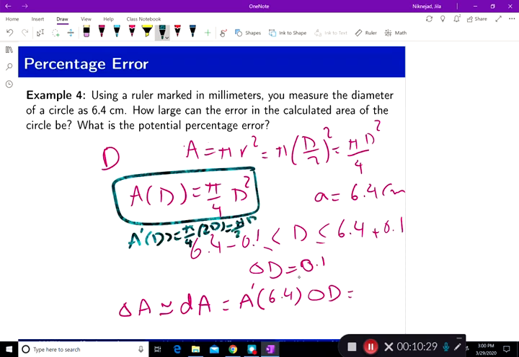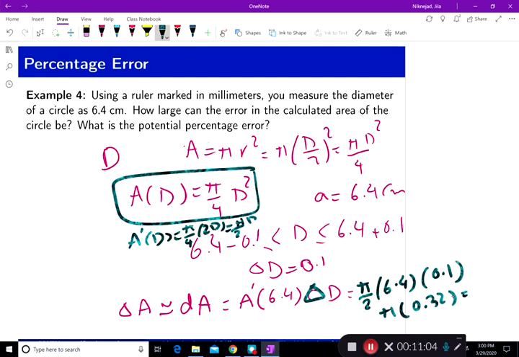Then plug in 6.4, so I get pi over 2 times 6.4 times delta d, which is 0.1. And if you multiply all that together, you get pi times 0.32. And then you can calculate the approximation of the absolute error.